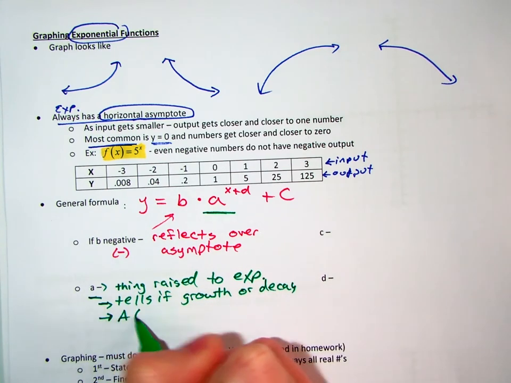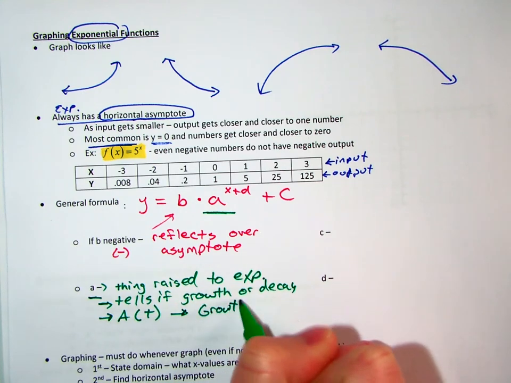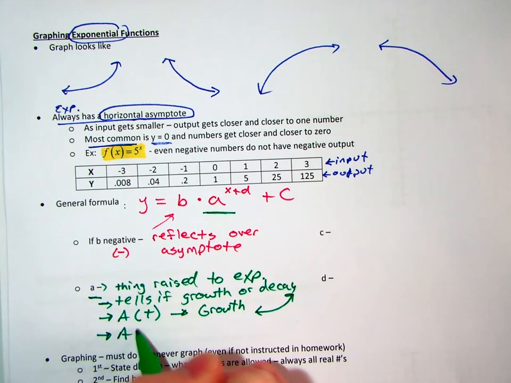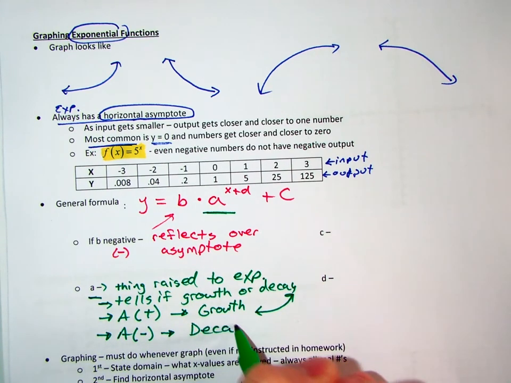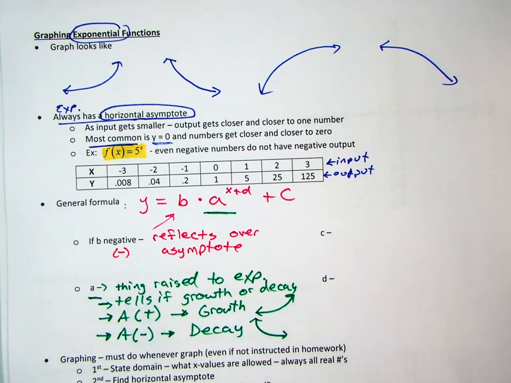If a is positive, it will be growth, which means it'll start low and move high, looking like this. If a is negative, it's decay, which means it will go down as you move to the right, and it will look more like this.